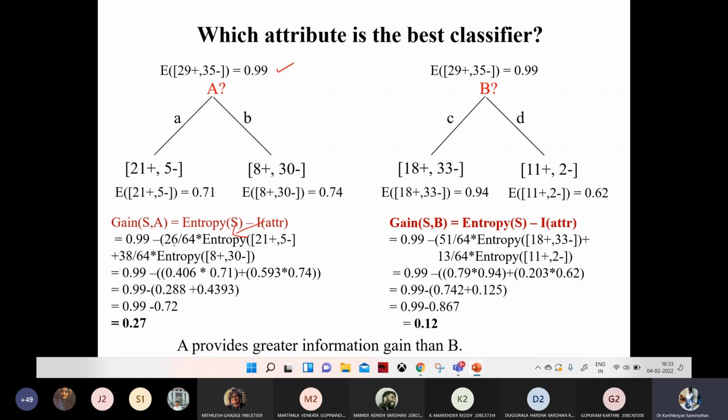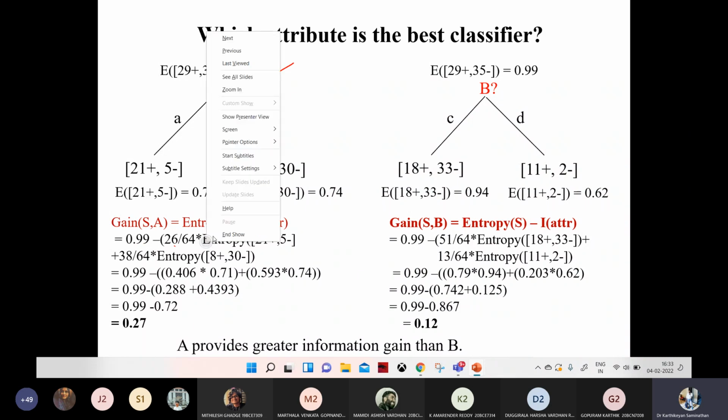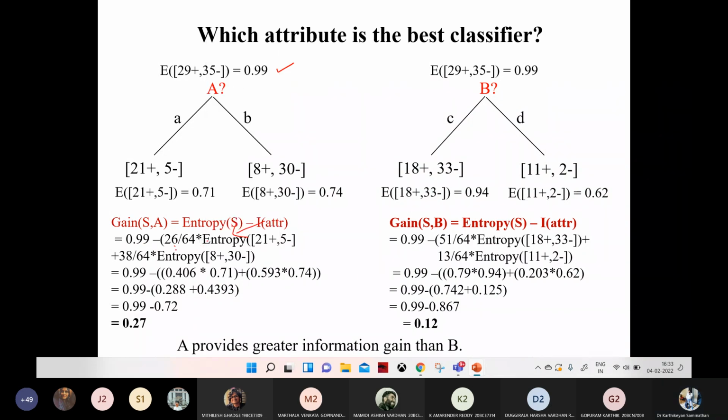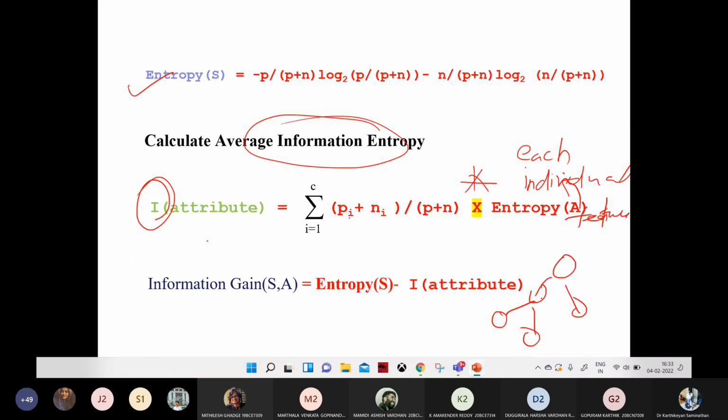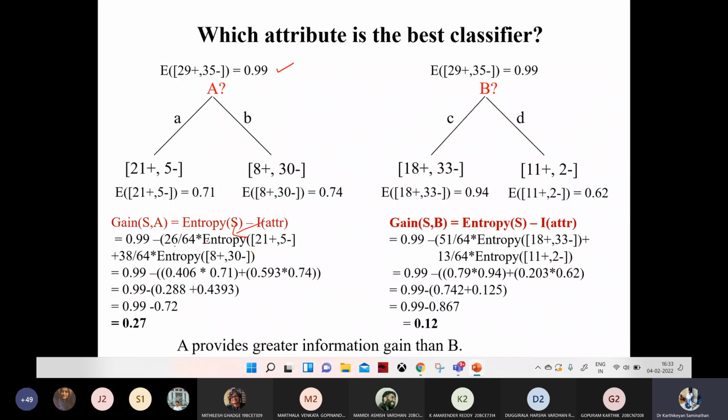So that is 26 divided by 64 into the entropy of 21 plus 5, plus 38 divided by 64 into the entropy of 8 plus 30 minus.